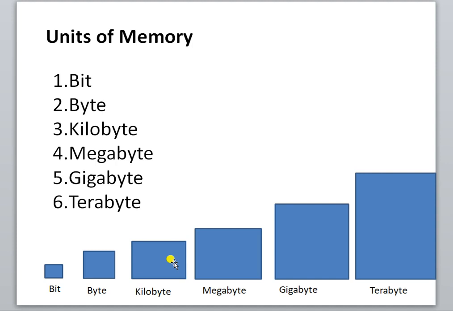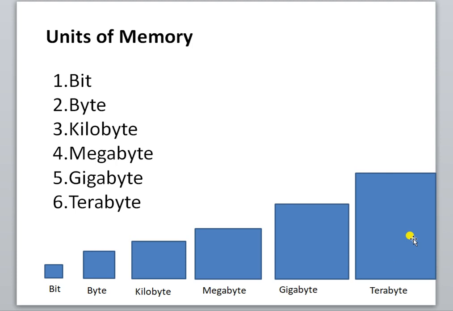If a storage device's capacity is kilobyte, it means it has less capacity to store data. Megabyte is more. If a storage device's capacity is in megabyte, then you can store more data than kilobyte. If storage capacity is gigabyte, you can store a large amount of data. If storage capacity is terabyte, you can store a huge amount of data in that storage device.